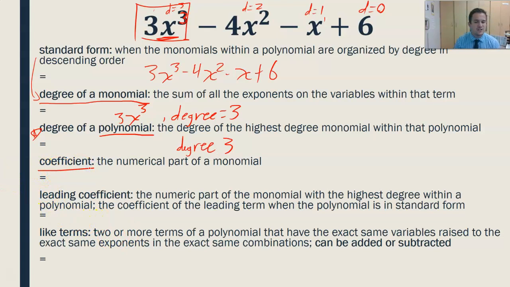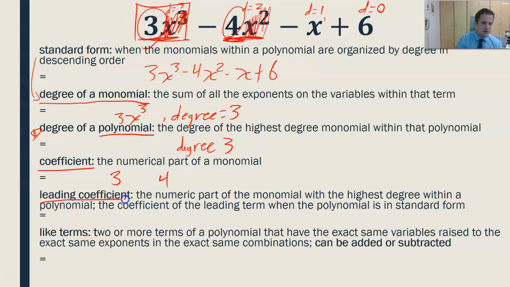A coefficient is the numerical part of a monomial. So the coefficient, if I were to take off this variable, I'd only have a 3 left, so the coefficient is going to be 3. If I look at this term right here, 4x squared, and I take away the variable, the only thing left would be 4. So the coefficient is just the number in front of a variable.